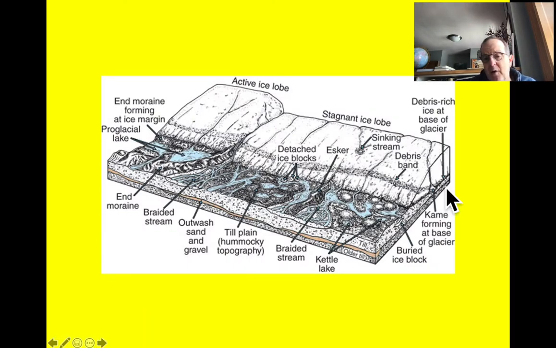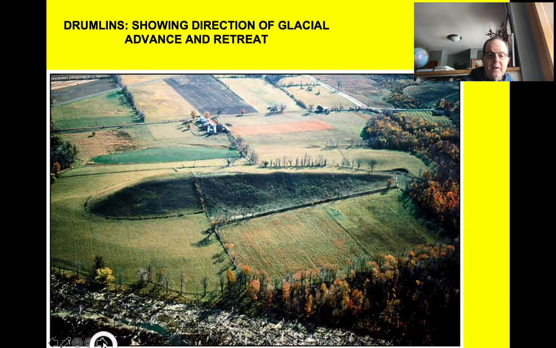Now, kames often are related to kettle ponds that form. So as this area melts back, you'll get a depression here, a kettle pond forms, and then on either side of the kettle pond, you can have a hill of sediment, which becomes what is known as a kame. But first, our drumlin. The drumlin shows the direction of advance and retreat. So to the right, the glacier advanced.